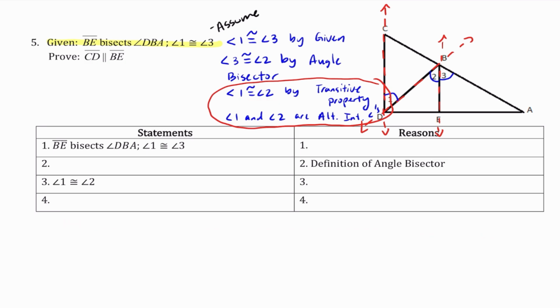Now I want to go ahead and approach the proof here. By the given statement, segment BE bisects angle DBA and angle 1 is congruent to angle 3. So the first reason should be given. Now if segment BE bisects angle DBA, then by the definition of angle bisector, angle 3 is congruent to angle 2.